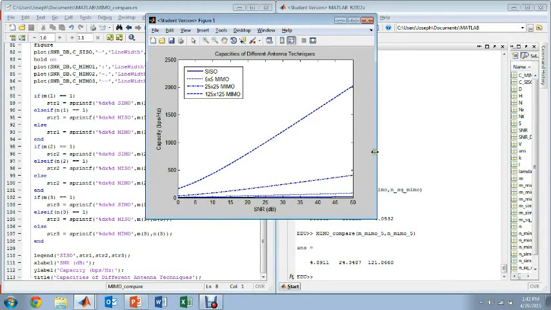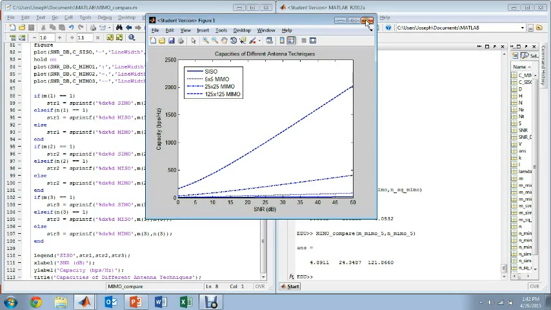You can see here for a 125 by 125 MIMO system, we get an increase in capacity by around 122, as you can see down below. Now this implementation just multiplies by 5 each time, so we have SISO and then 5 by 5, which is almost the same, it seems, as the SISO, then 25 by 25, and then 125 by 125.